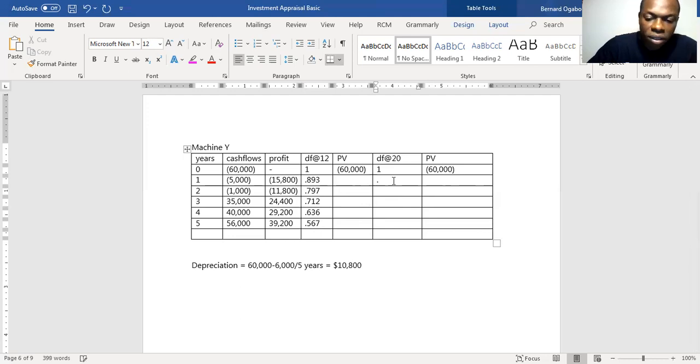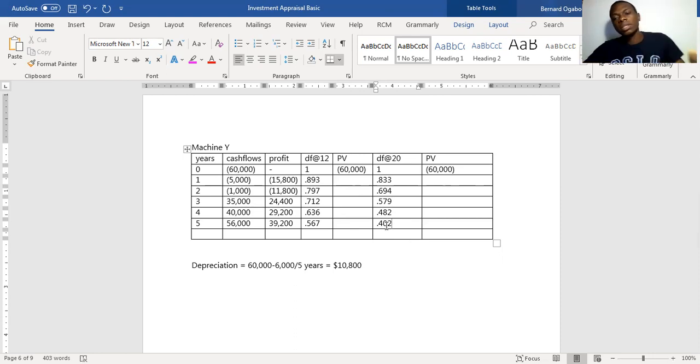I have 0.833, 0.694, 0.579, 0.482, then we have 0.402.